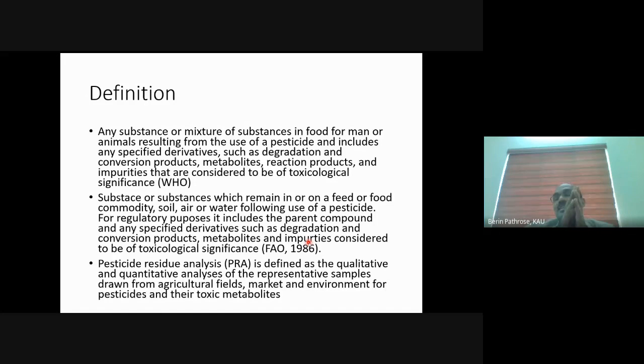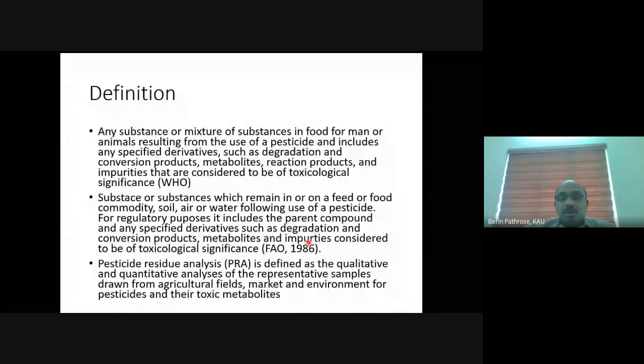I will repeat. If you are spraying malathion and analyzing malathion residues, you have learned that malathion is a pro-insecticide, and once it is sprayed on the crop, it gets converted into the more toxic malaoxon. So malaoxon is another compound which is formed because of the use of malathion.